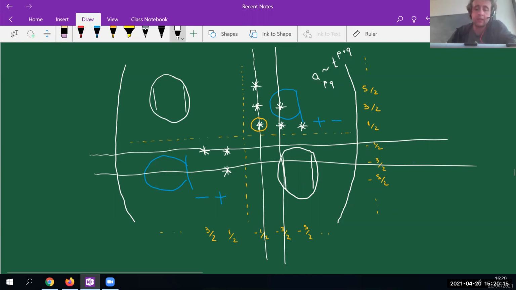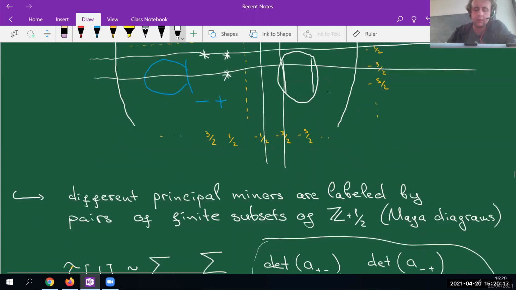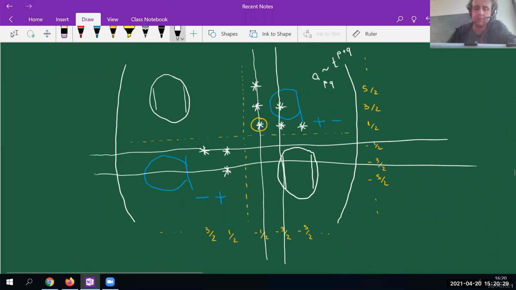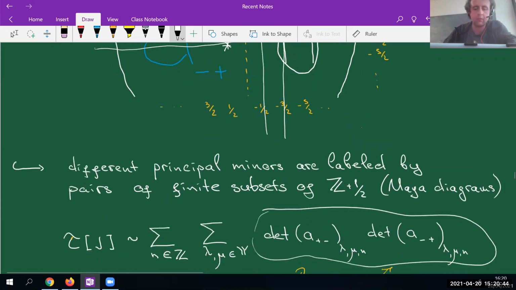And this is basically why this expansion is interesting, because in a sense, this is a series expansion in powers of T. So the bigger the size of the minors that we take, the smaller is the corresponding contribution to the tau function, because of this property.